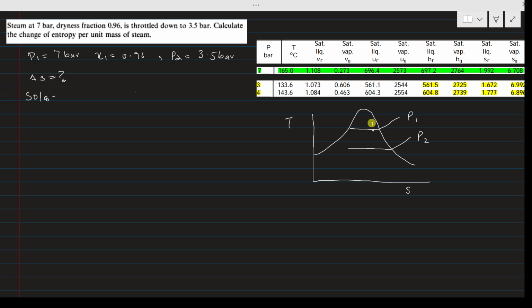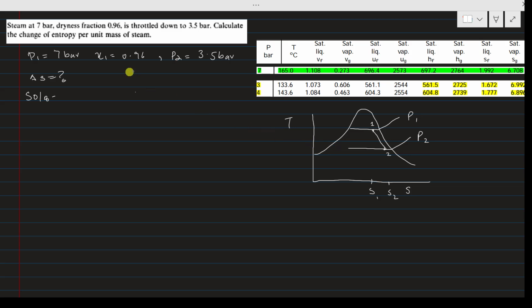So state point 1 is within the wet region, and when expansion takes place, its dryness fraction will decrease and reach point 2. At point 1 the entropy will be S1, and at point 2 the entropy will be S2.